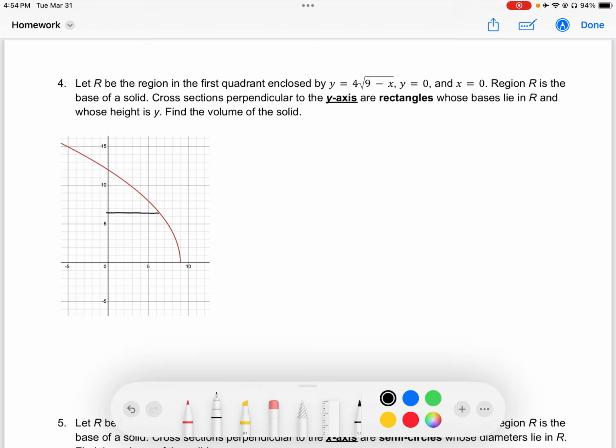Boom, perpendicular to the y-axis now. Remember this is a little change in y, dy, so we're going to be integrating with respect to y. And we've got rectangles coming out of here. I need to come out a certain distance where the height is y. At this point, the height would be 5, because that's the y value.